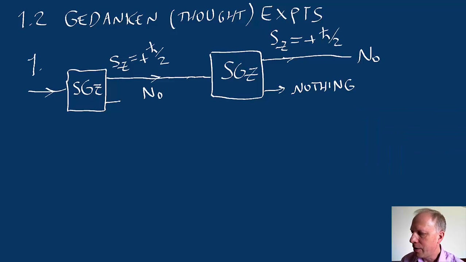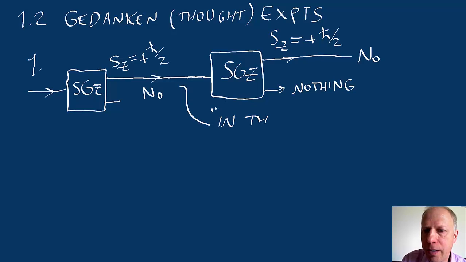Now let me introduce a little notation. The electrons that have Sz equals plus h bar over 2, or in other words, spin up, are referred to as being in the state plus z.